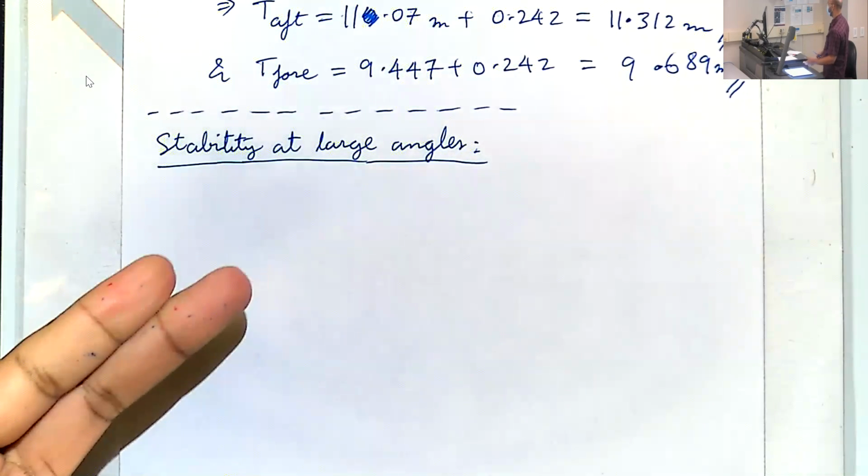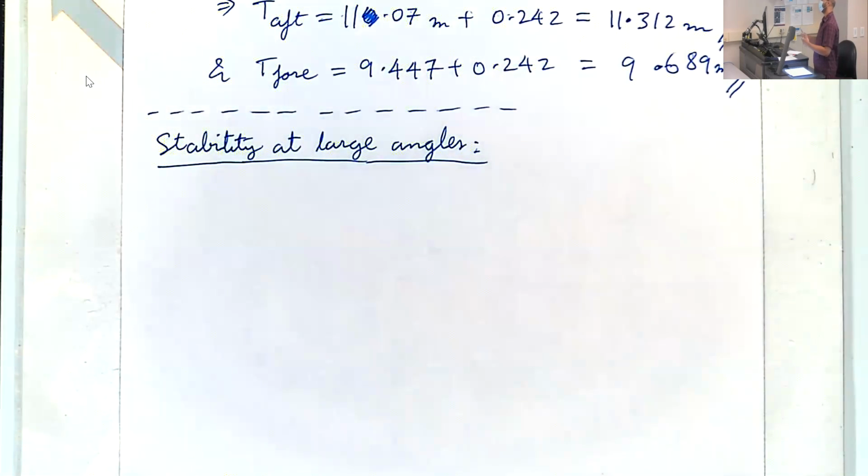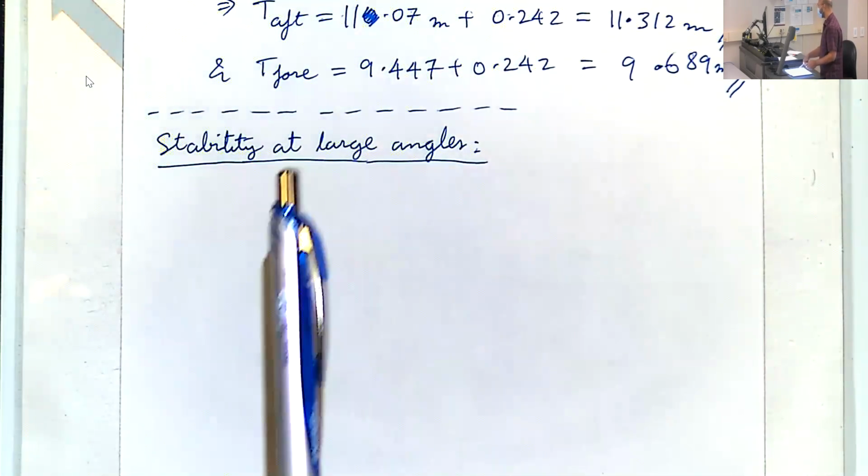Stability at large angles, it's not as straightforward to compute things. So we usually rely on the charts provided by the person who designed the ship, who computed all of this and plotted it on a graph.